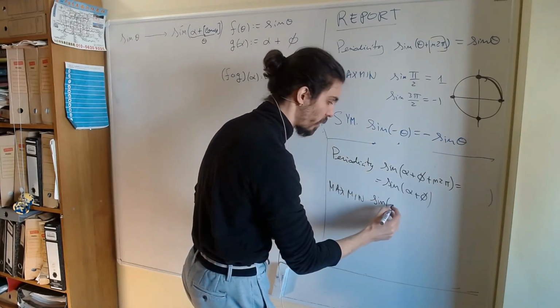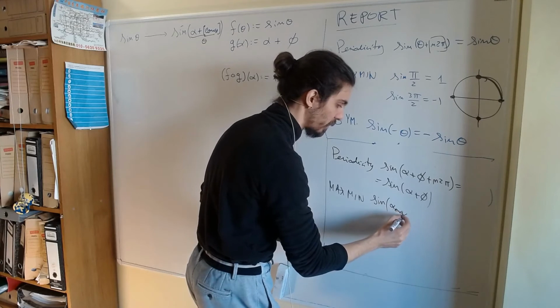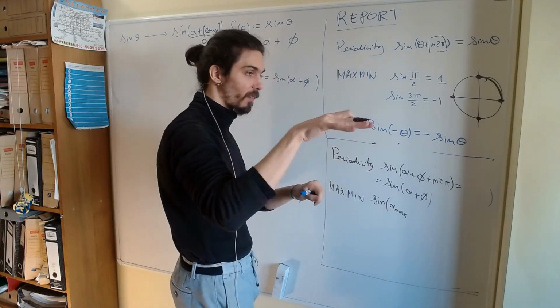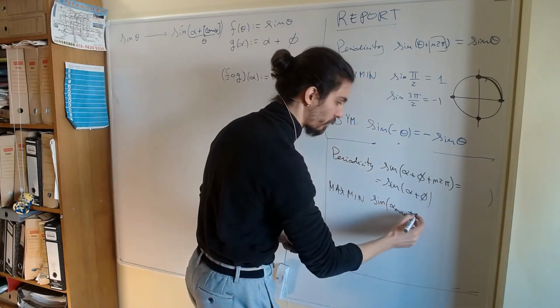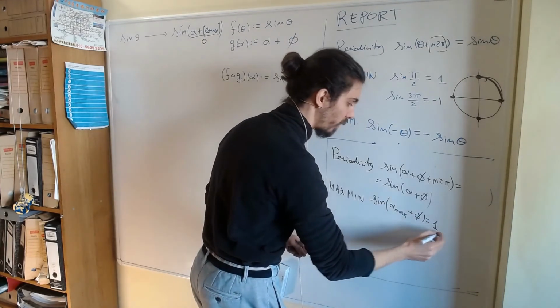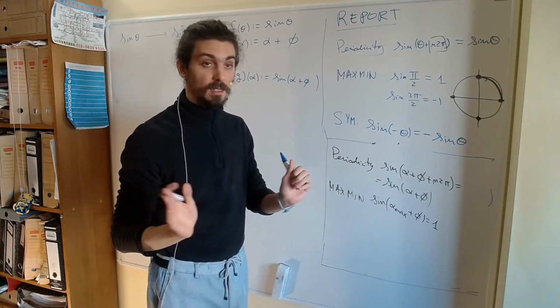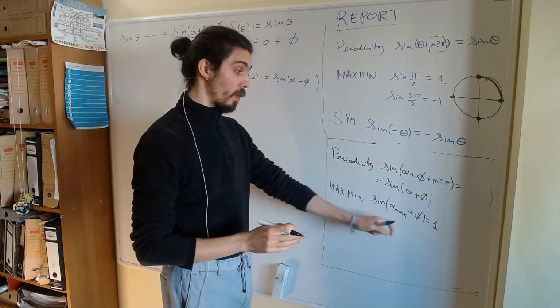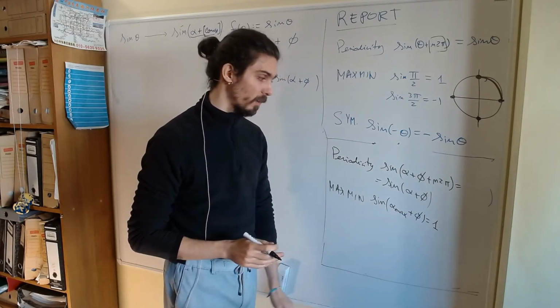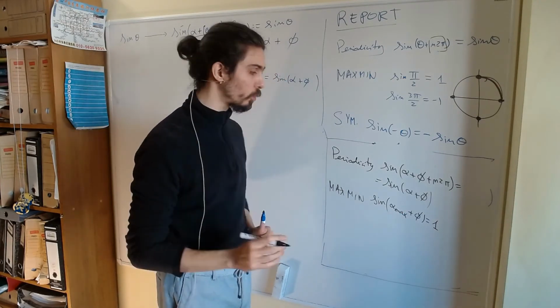So sine of theta max, the position on the horizontal axis where I find the maximum, plus phi must be 1. So whatever theta max is, the name that I gave to this value, when I put it here, it must give this number. Phi is a number that you choose, an angle.